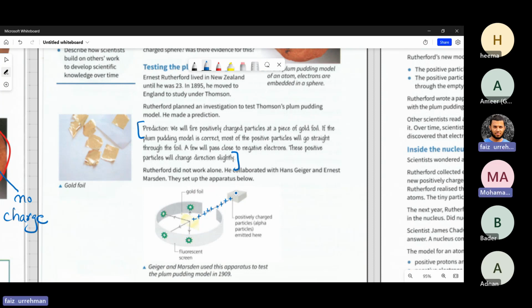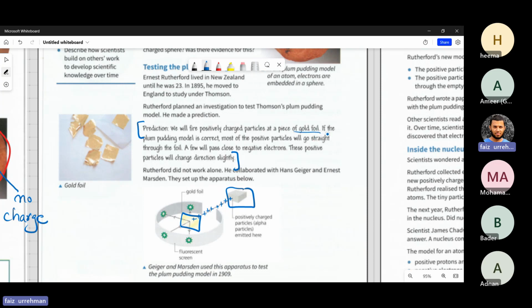Okay, so this machine is positively charged and it is throwing the positive particles at what? At the gold foil. First they are predicting, meaning guessing, something. Prediction: we will fire positively charged particles at a piece of gold foil.